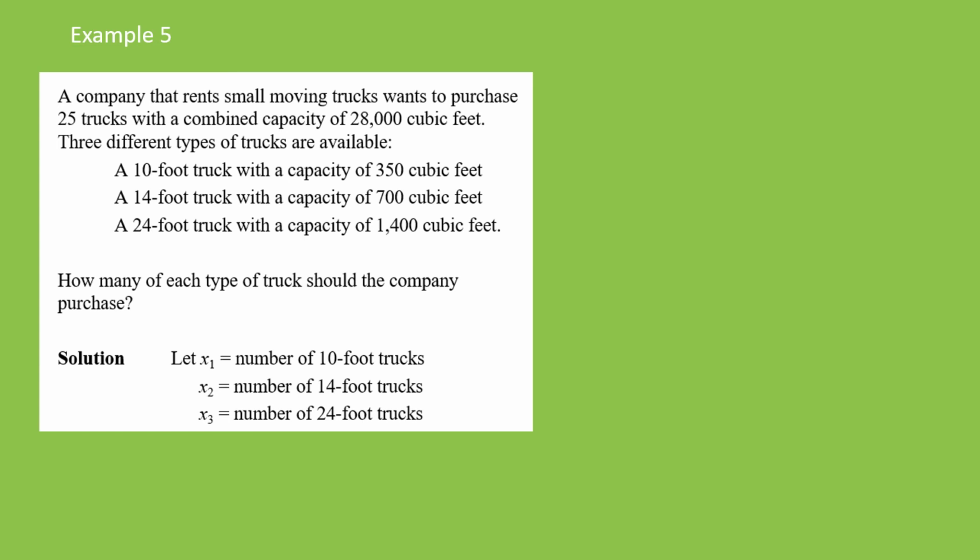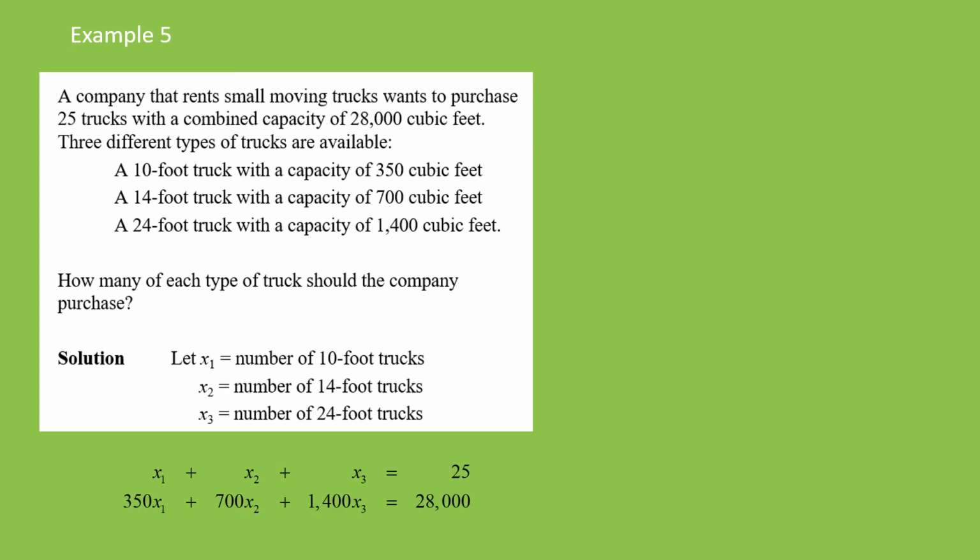If you take x1 to be the number of 10-foot trucks, x2 for 14-foot and x3 for 24-foot, the total is 25 trucks. So the sum x1 plus x2 plus x3 is 25. And 350 x1, 700 x2, 1,400 x3 will be the total amount 28,000.